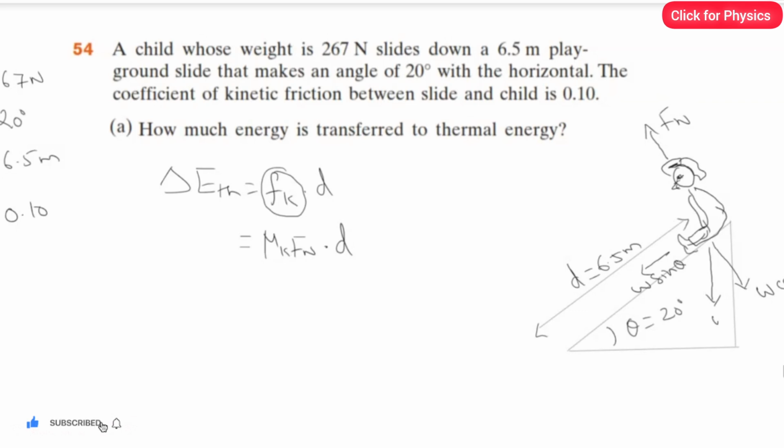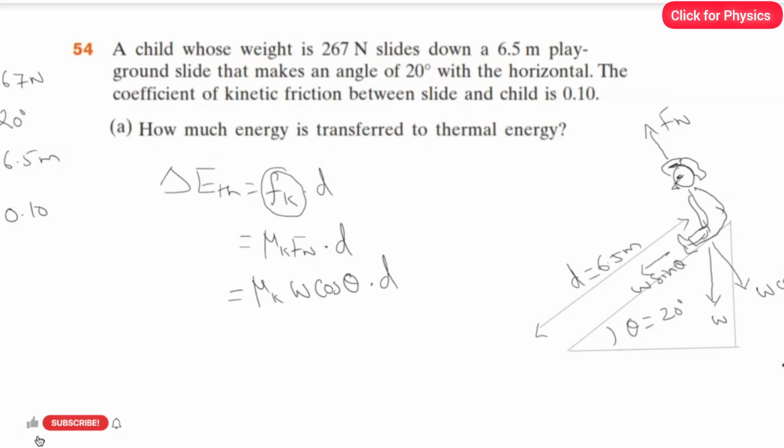So W, that means weight W, is equal to mg. Now for Fn, you can see your Fn is equal to W cosine theta. So in place of Fn, I have to use W cosine theta because this is from the free body diagram. So I am going to substitute the value of Fn: mu k W cosine theta multiplied by d.